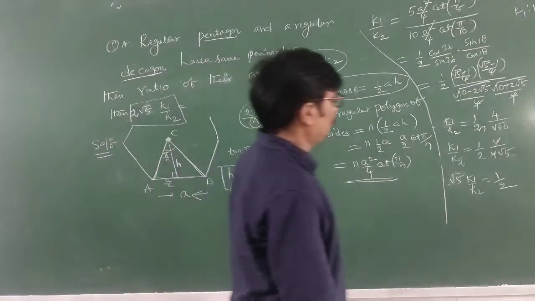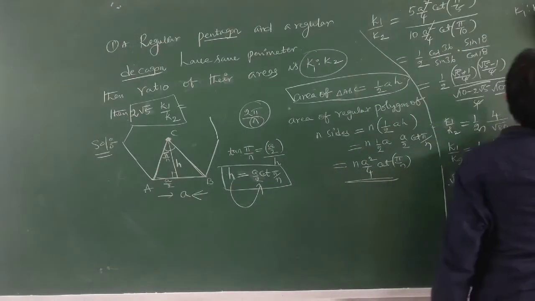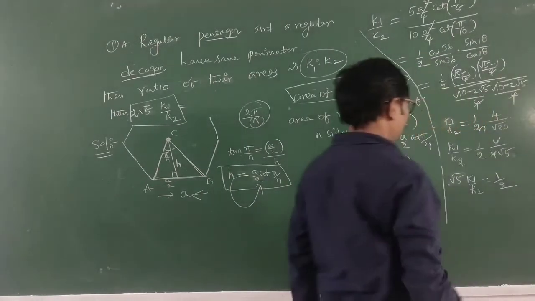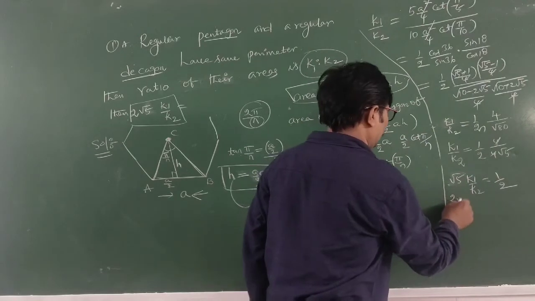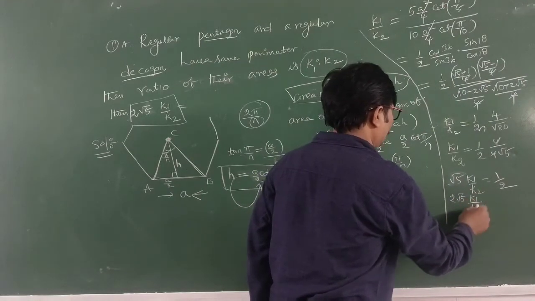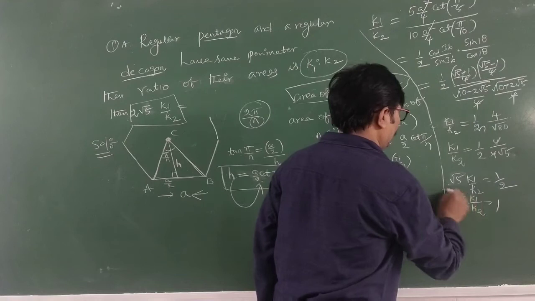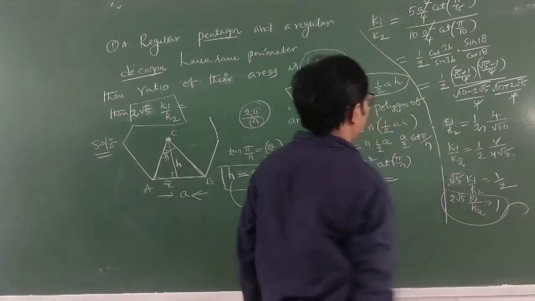So this 2 is sent to the other side: 2 root 5 K1 by K2 equals 1. Okay students, this is the value.